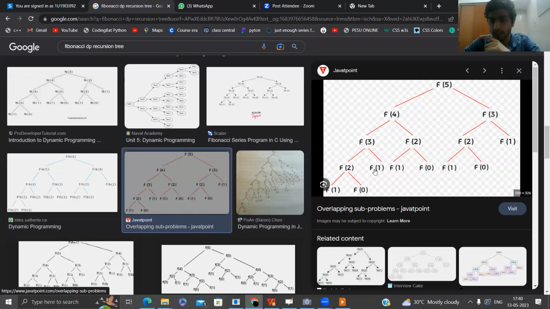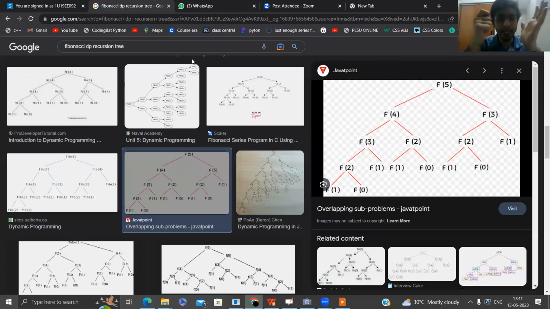And since this is also a base case, Fibonacci of 1, this is going to return 1 to Fibonacci of 3. So if you are Fibonacci of 3, in f1 of Fibonacci of 3 you are getting 1, and in f2 of Fibonacci of 3 you are getting 1. So this Fibonacci of 3 is going to add them up together, and it's going to return it to Fibonacci of 4. So likewise, your recursion is going to take place. Each of these functions is going to compute its value, and it's going to return it to its parent, right? And its parent is again getting values from left and right.